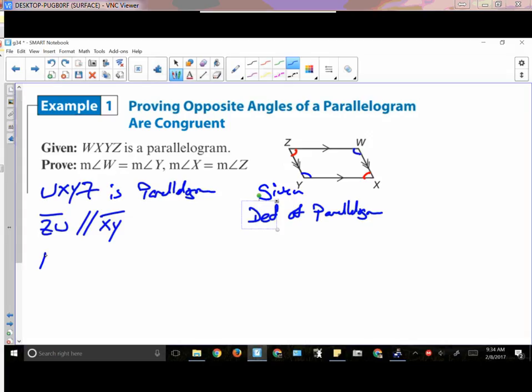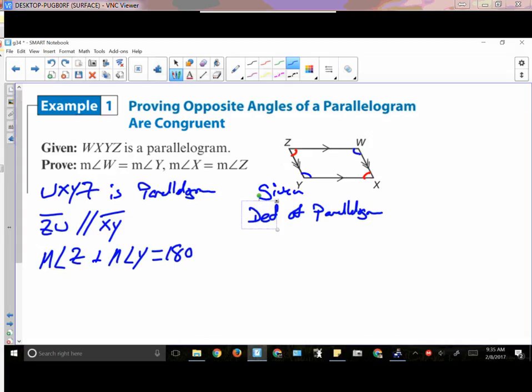does this mean that the measure of angle Z plus the measure of angle Y equal 180 degrees? Is there a rule that we have seen at some point in time that says, hey, if I got two parallel lines, I got the angles that are on the same side, they add up to 180 degrees. Have we seen something like that?